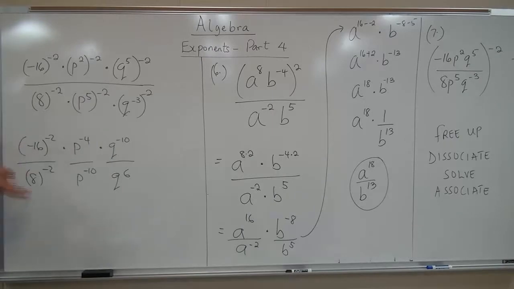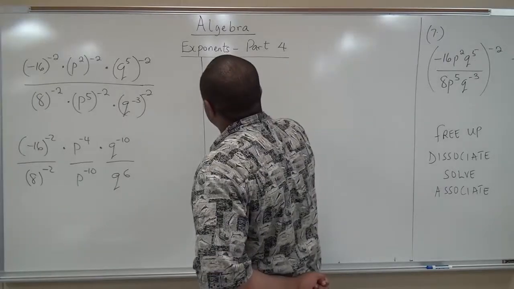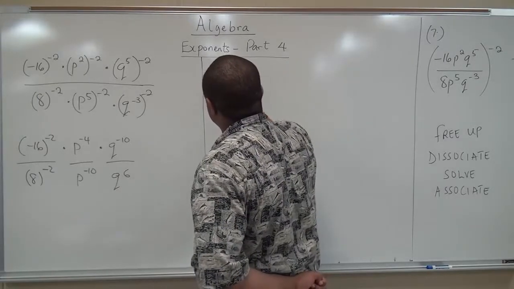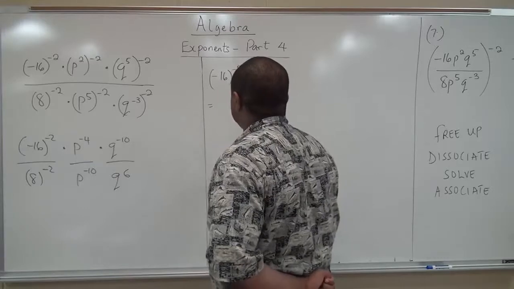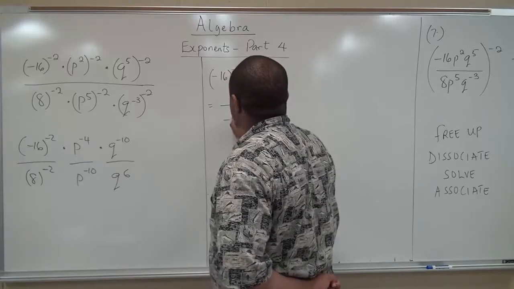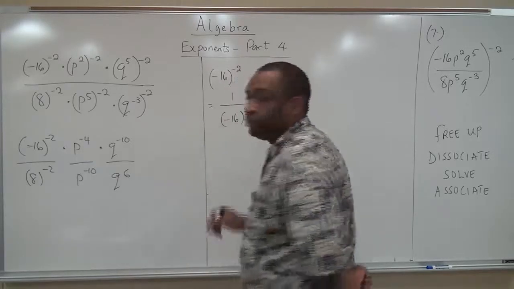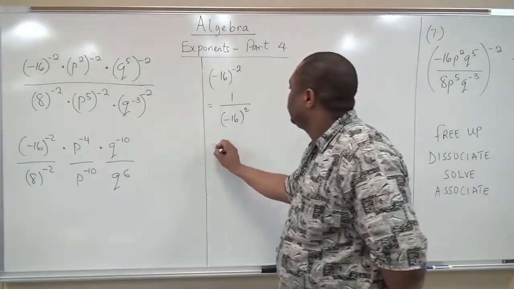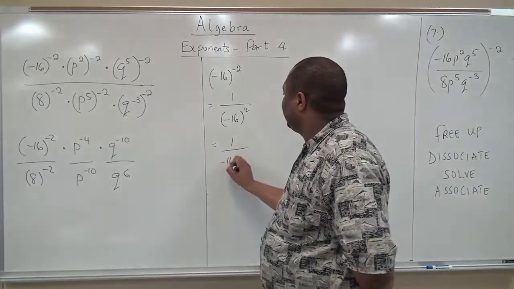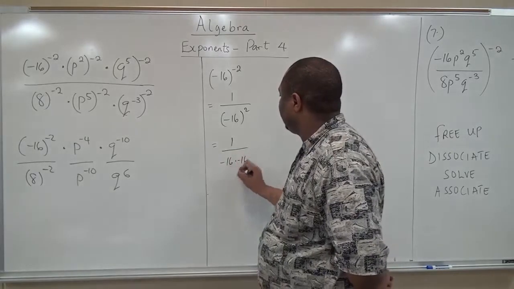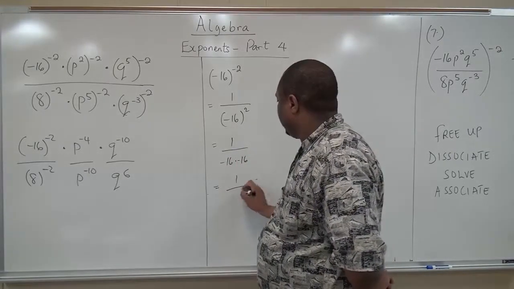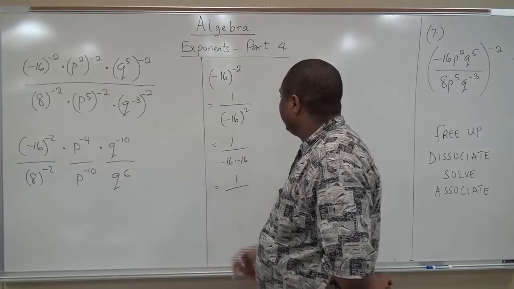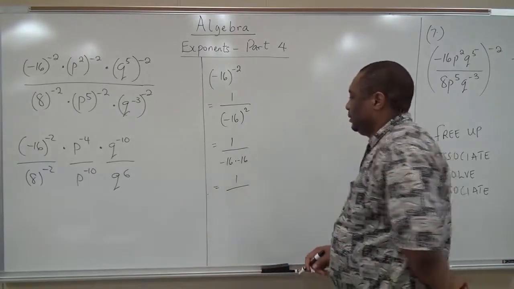Now, what you can do here: negative 16 exponent negative 2 is equal to 1 over negative 16 exponent 2, which is 1 over negative 16 times negative 16, which is 1 over 16 times 16.